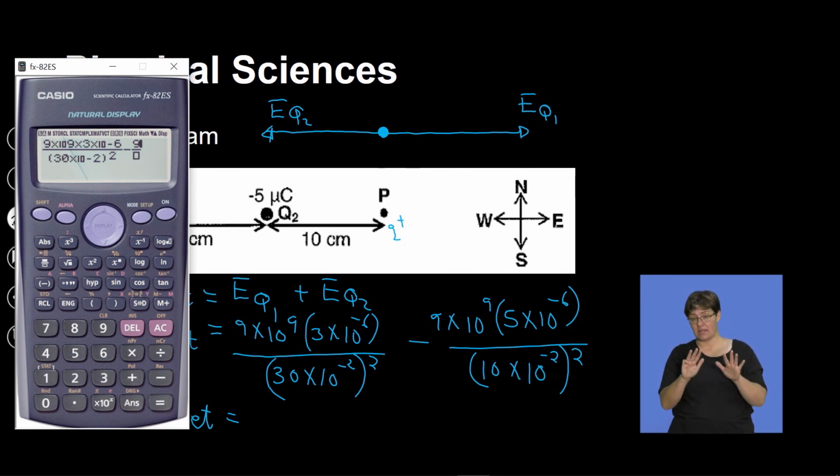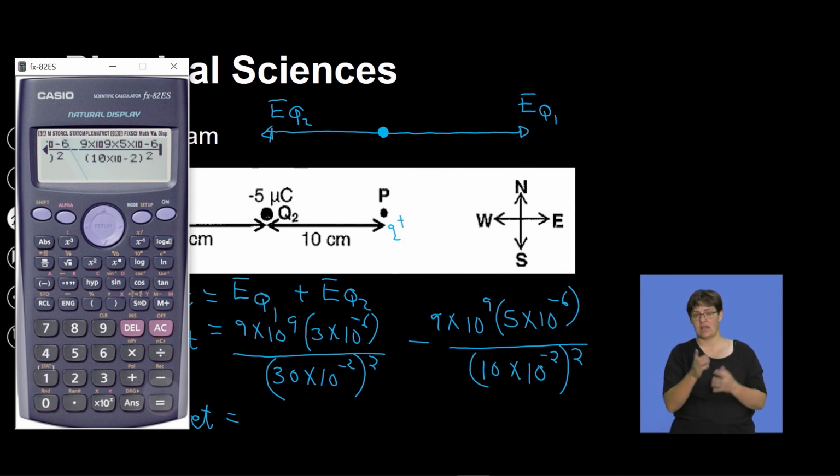So 9 exponent 9, that's the k value, multiplied by the 5 times 10 exponent negative 6. We divide that by the distance, which is 10 multiplied by 10 exponent negative 2, which is converting from centimeters to meters. Do not forget to square the distance.